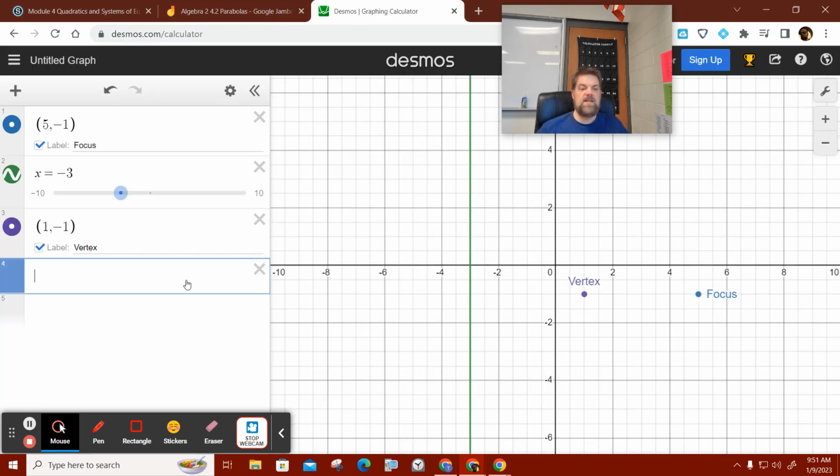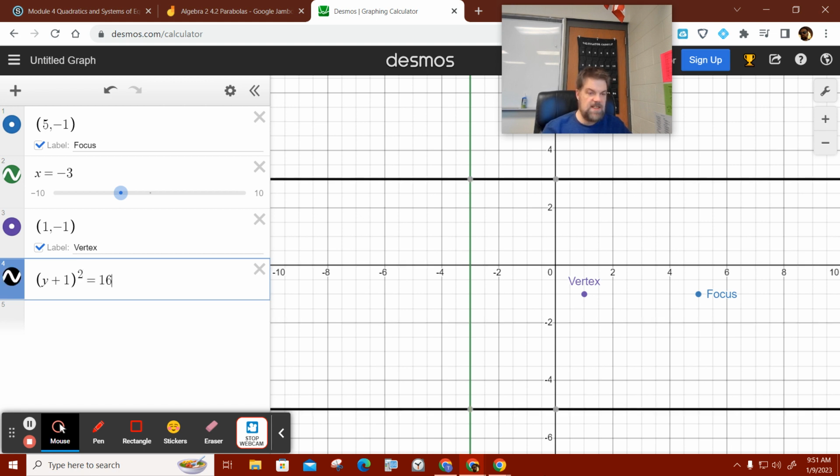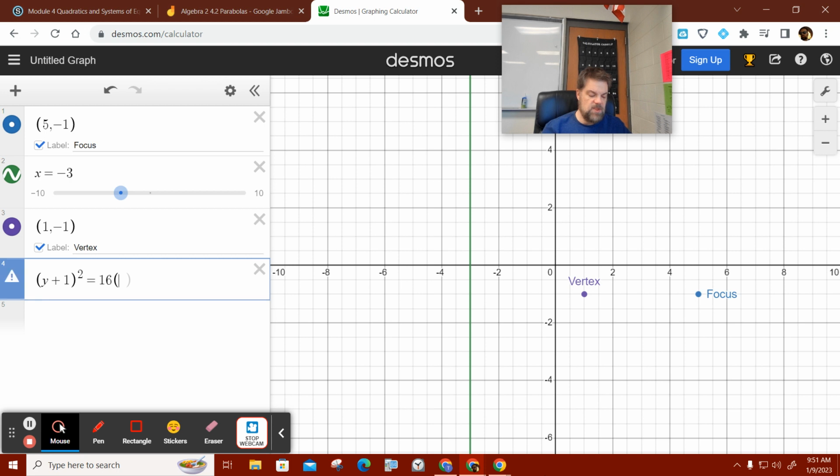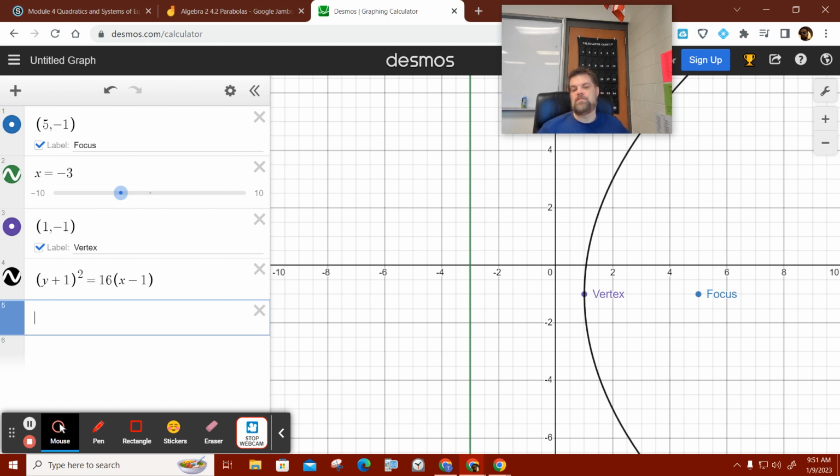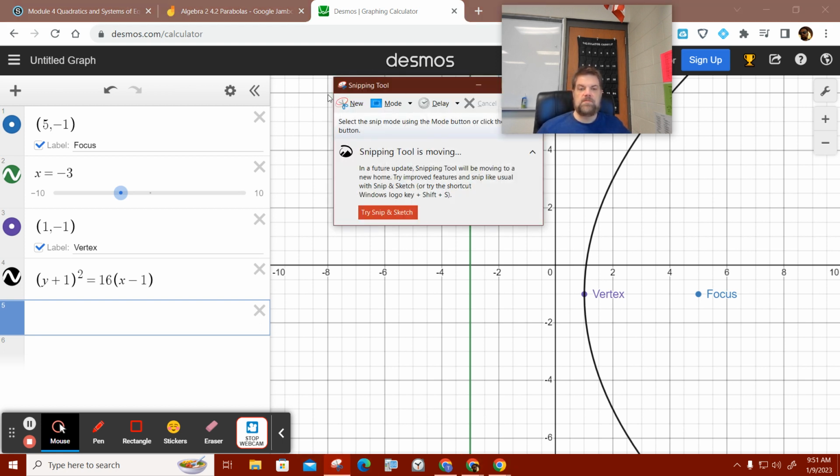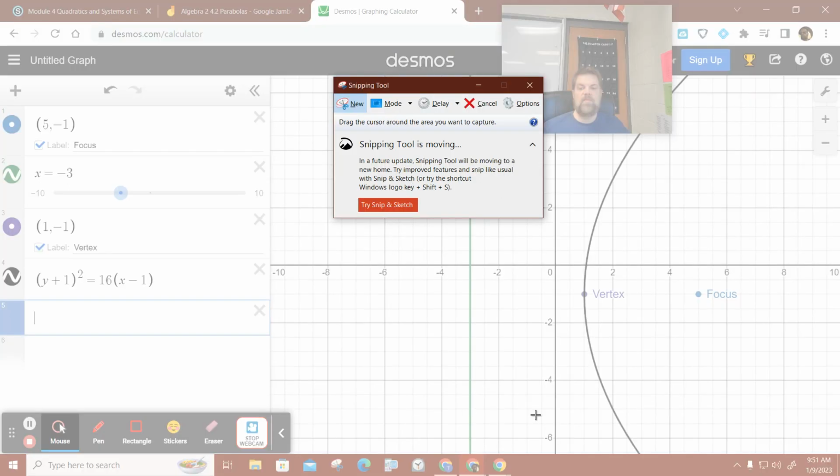So let's plug that in. We're going to say y plus 1 squared is equal to 16 times the quantity x minus 1. Look at that. Boom. Perfect. Everything matches up.